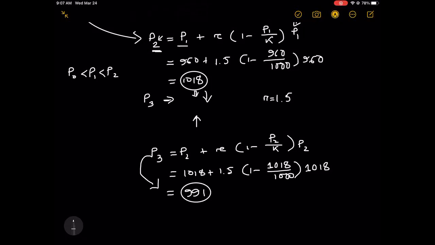The following year, it will definitely decrease and come down to its capacity. It will definitely be less than the carrying capacity. Okay? Any questions? Anyone, any question?